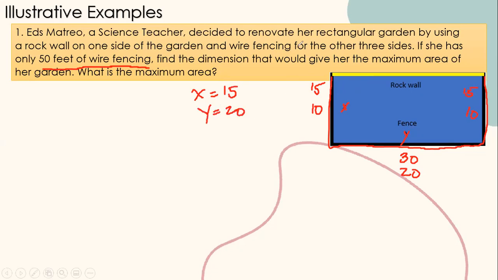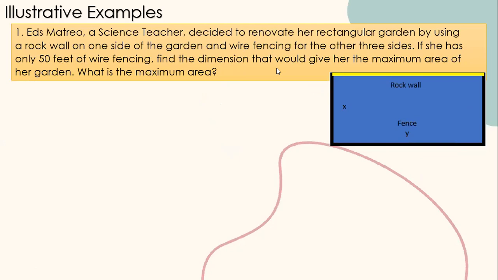Okay? So, paano natin mahahanap yung makakapagbigay sa kanya ng maximum area na hindi lumalagpas sa 50 feet of wire fencing? So, we will use the steps in optimization problems. Anong unang gagawin? So, itatransform daw yung mathematical equation. So, sabi dyan, 50 feet of wire fencing daw.